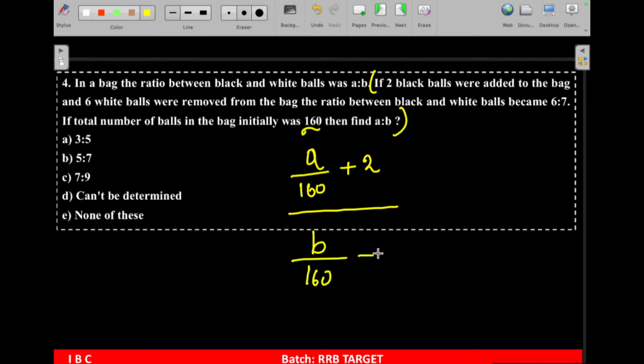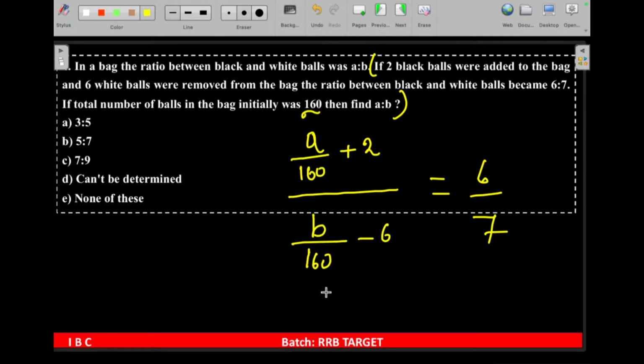Now I removed 6 balls. Then the ratio is 6:7. This is the basic way if I solve it. Tell me whatever you solve.